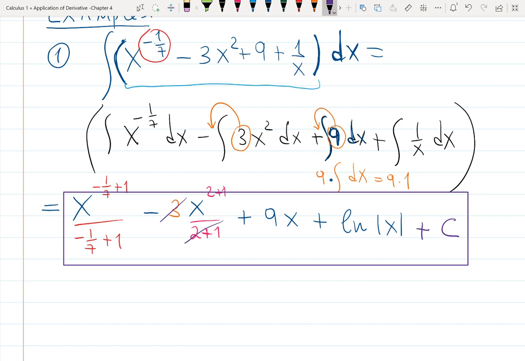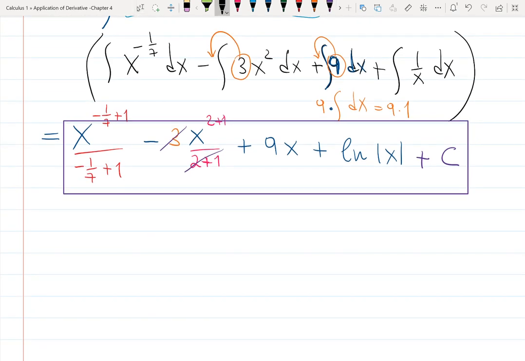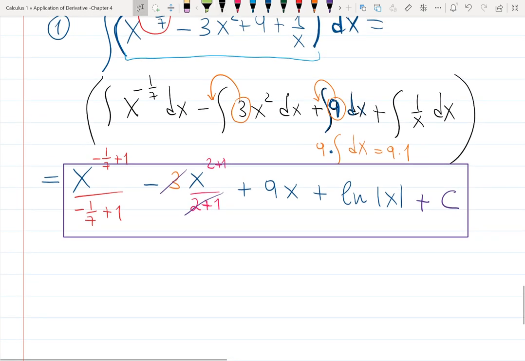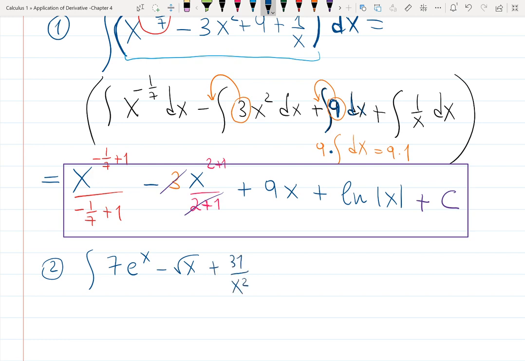Let's try one more, and we should be done for today, for this video. Number 2. How would you integrate 7e to the x minus square root of x plus 31 over x squared minus 5 cosine x dx?